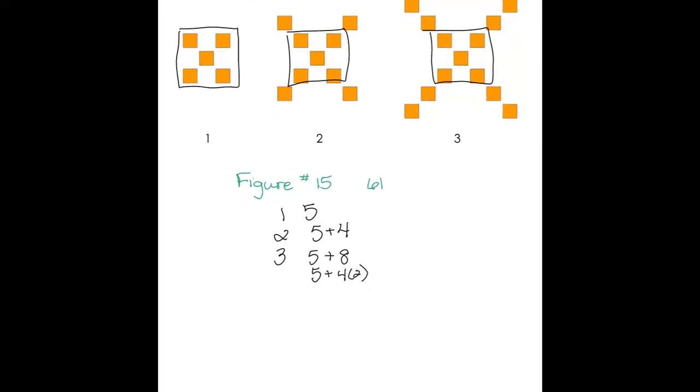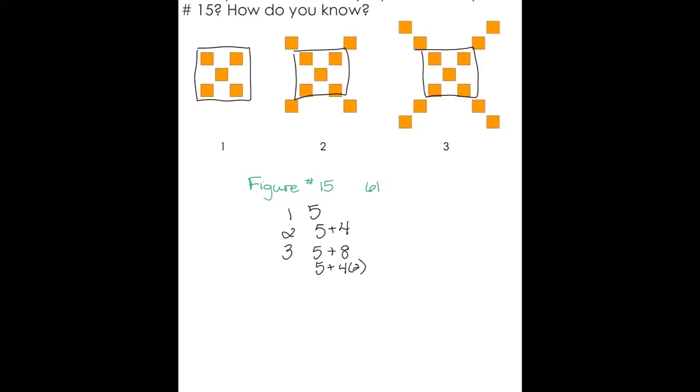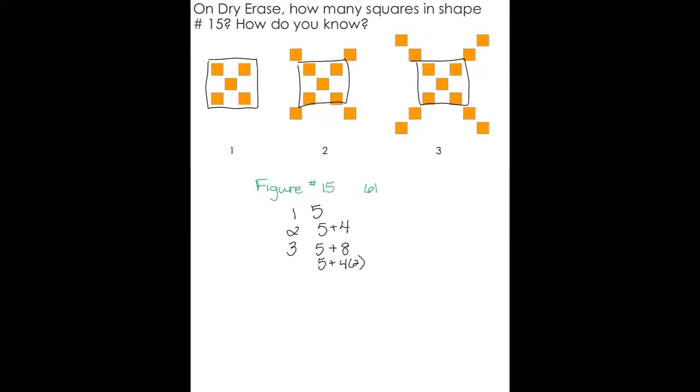Who else? Janetta, you said you had 61. Did you use that same way? No. What did you come up with? Added 4 12 times. So say a little bit more about that, because you're right. So you said figure 1 has number of squares 5.